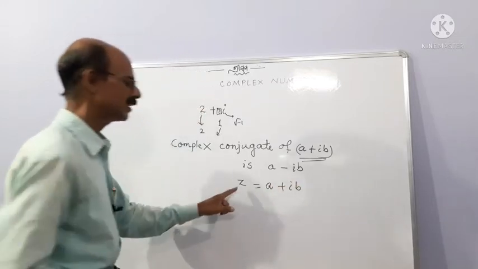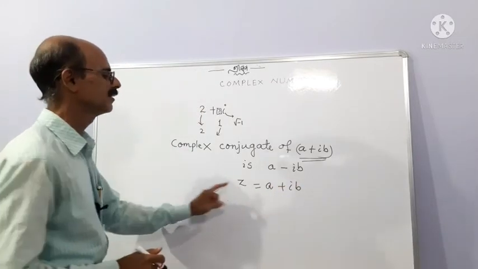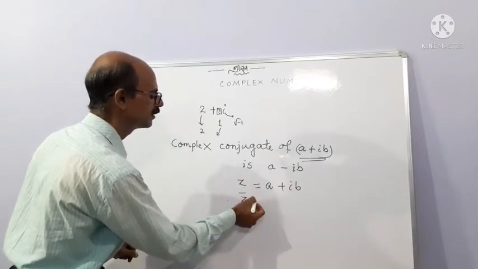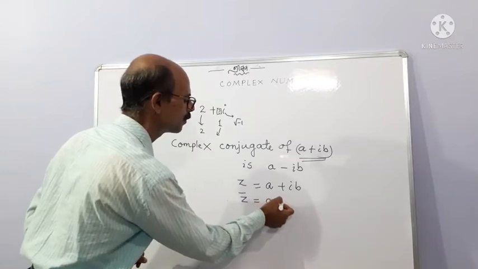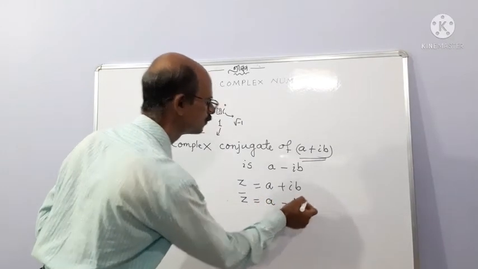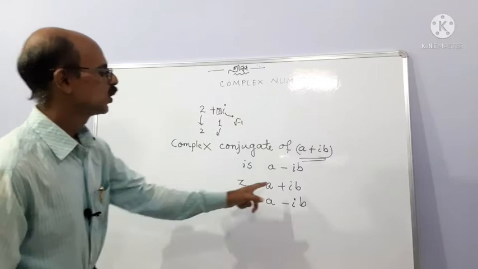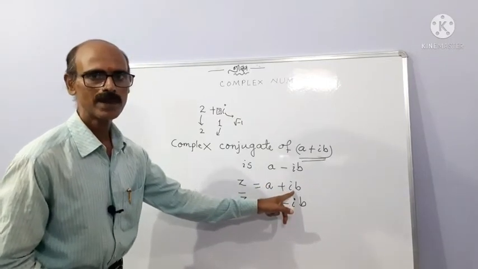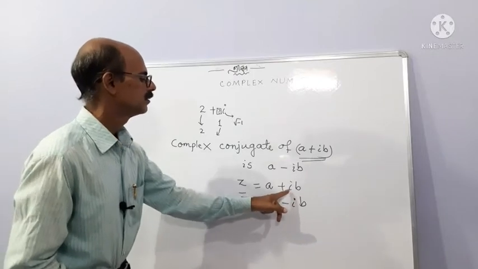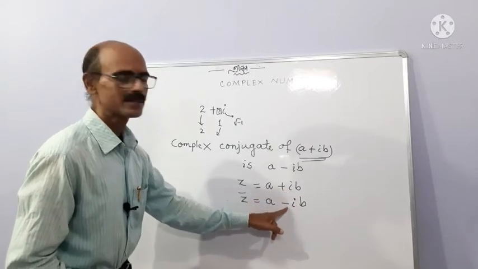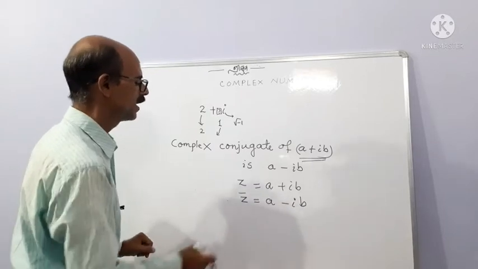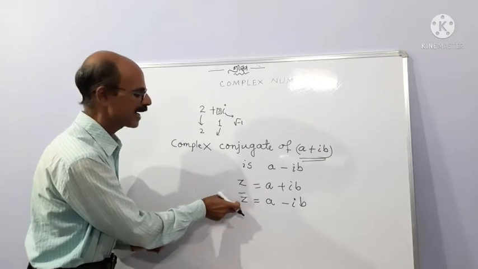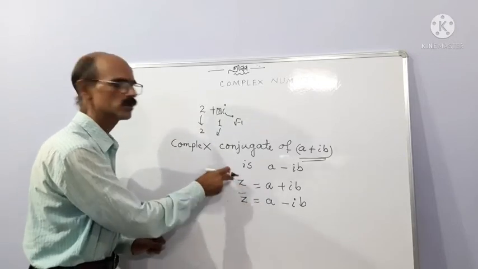A complex number is generally denoted by the letter z, and its complex conjugate is denoted by z bar, a minus ib. So only that part which contains i changes to minus. The complex conjugate of z is z bar, and the complex conjugate of z bar is z.